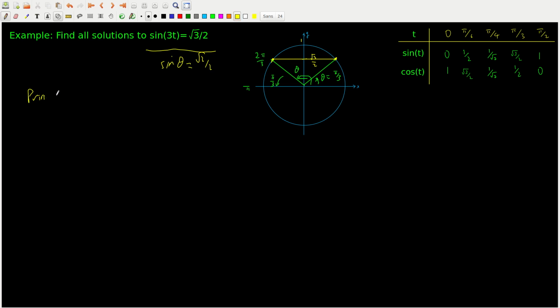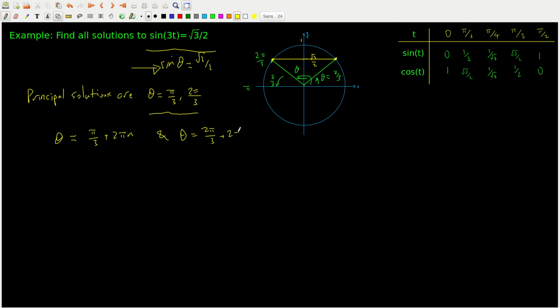So the principal solutions are that theta is pi over 3 and 2 pi over 3. And so our full set of solutions for this equation, remember not the original equation, but this equation, would have been theta is equal to pi over 3 plus any multiple of 2 pi, so plus 2 pi n, and also theta is 2 pi over 3 plus 2 pi n.